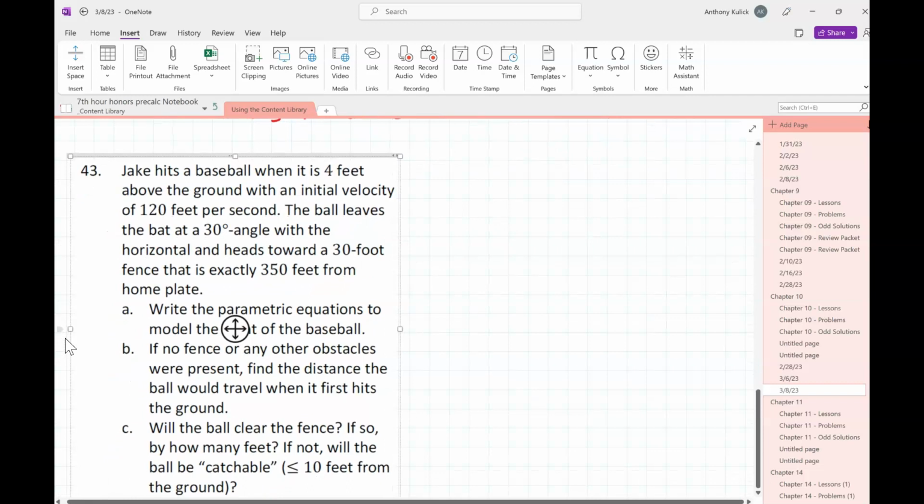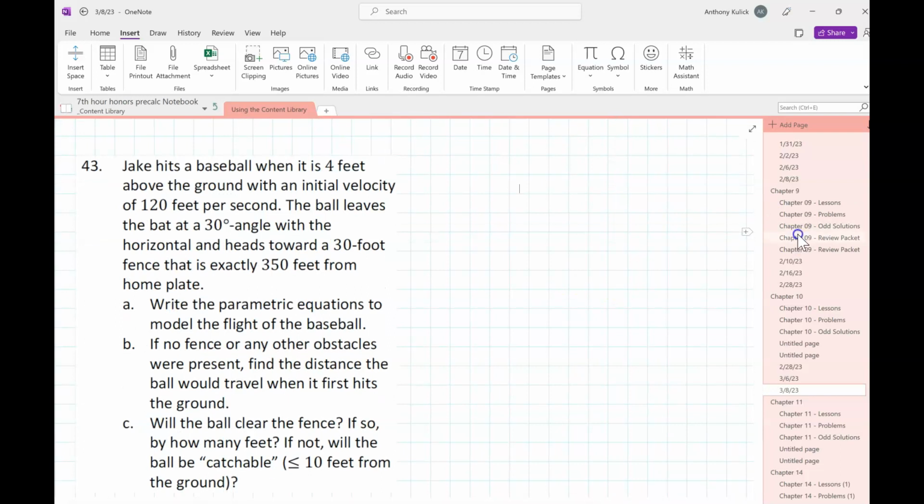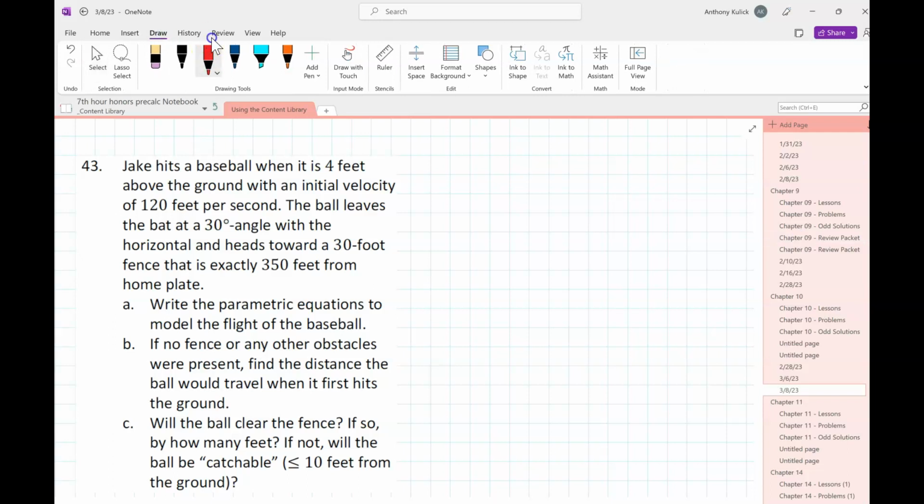All right. So Jake hits a baseball when it's 4 feet above the ground with initial velocity of 120 feet per second. The ball leaves the bat at a 30-degree angle with the horizontal and heads towards a 30-foot fence that is exactly 350 feet from home plate. Write a parametric equation to model the flight of the ball.